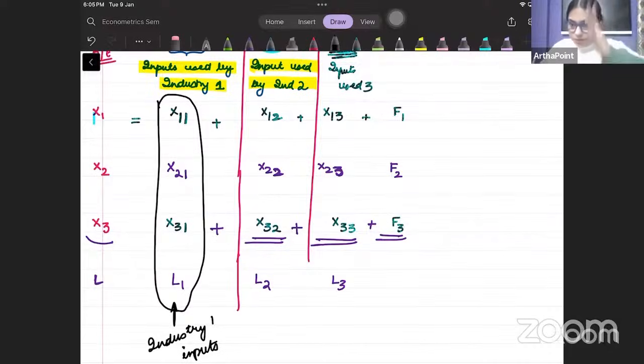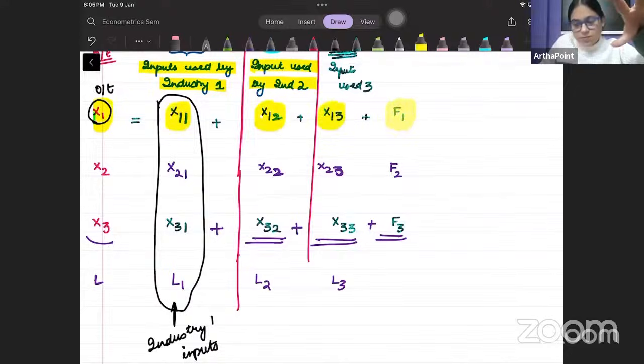This column, हाँ बेटा, ये रिफ्लेक्ट करता है कि इंडस्ट्री 1 ने x1 यूनिट्स ऑफ आउटपुट बनाया. It produced x1 units of output जो बट गया इंडस्ट्री 1, 2, 3 और कंज्यूमर में. तो आउटपुट तो ये बना. This is the output produced by this industry 1. बट इनपुट ये लगे हैं.